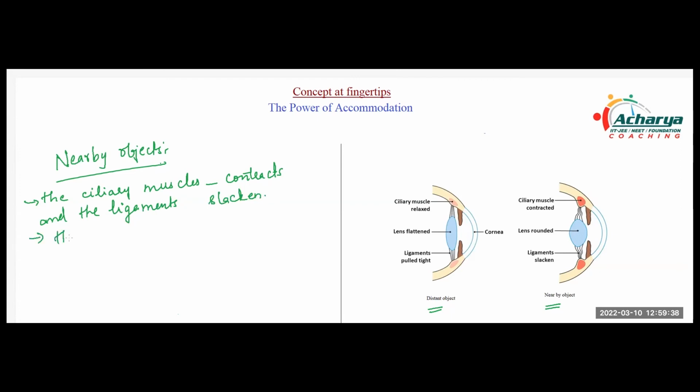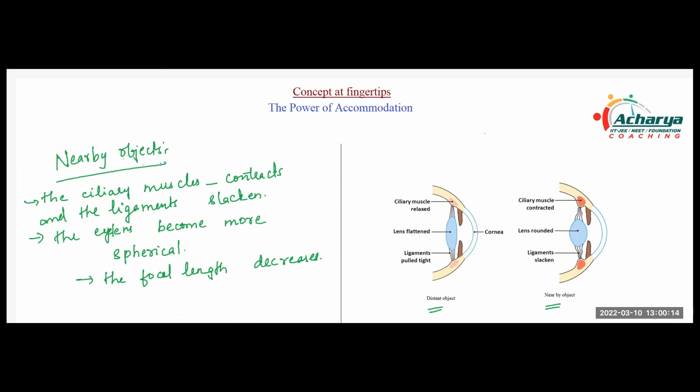As a result, the eye lens becomes more spherical. Thus, the focal length also decreases. Focal length decreases. So this property of the eye lens is called the power of accommodation.